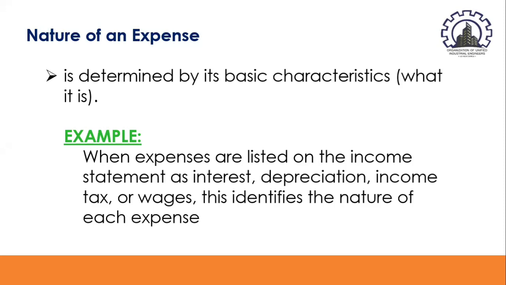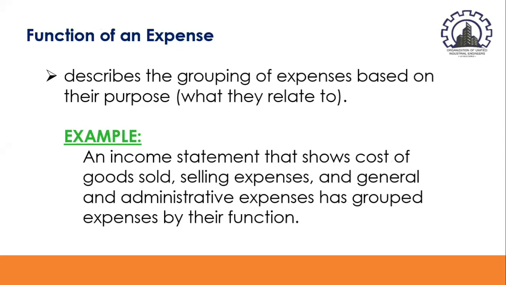For example, when expenses are listed on the income statement as interest, depreciation, income tax, or wages, this identifies the nature of each expense. On the other hand, the function of an expense describes the grouping of expenses based on their purpose, so what they relate to.